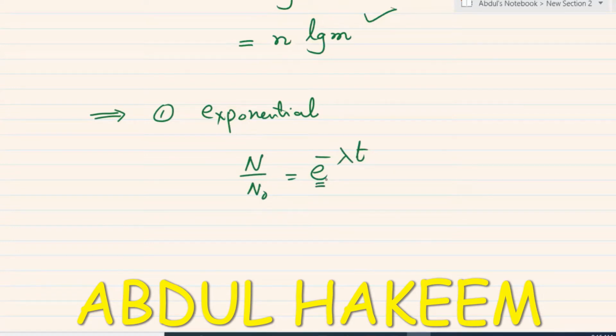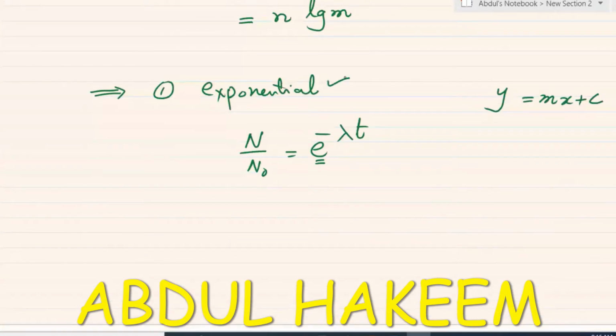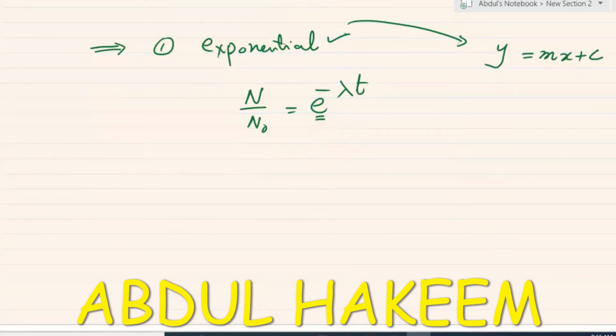We have to convert this into the linear form, meaning we have to write it in the shape of y equals mx plus c. So for the exponential equation, we will take the ln, not the lg, ln log on both sides.